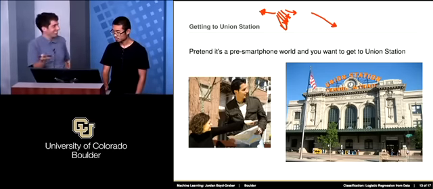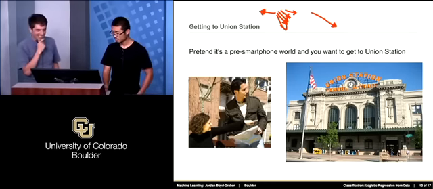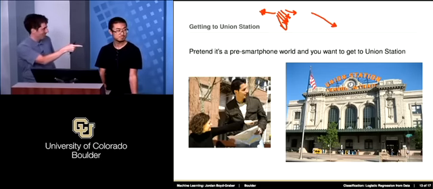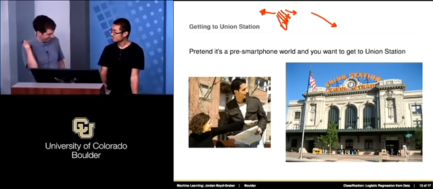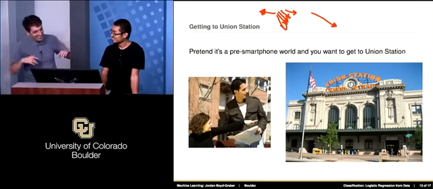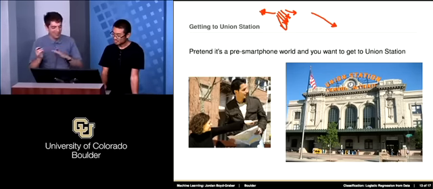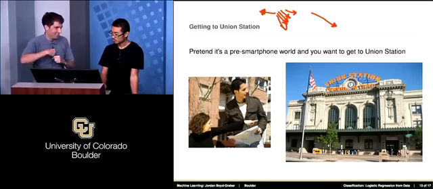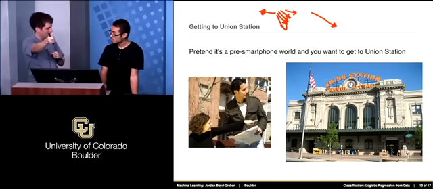But it takes a long time to ask 102,000 people how to get to Union Station. What if you just walked out that door and the first person you saw, you asked them what's the best direction to get to Union Station? Who knows, maybe they would give you the right direction, maybe not, but then you just walk a little bit and you ask the next person you see, what's the best way to get to Union Station?